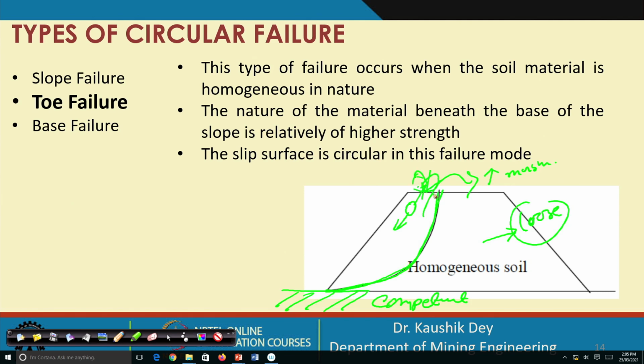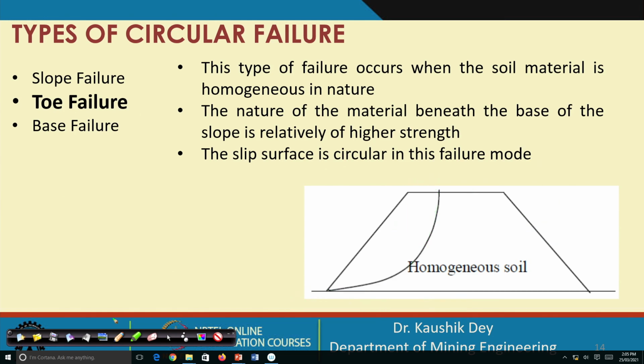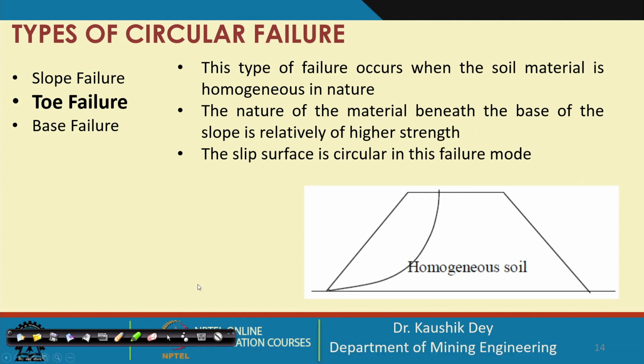Sometimes because of their weight it may occur also. So, this type of failure is often found in soil material, mostly in homogeneous cases, and the analysis must be carried out considering this type of formation.